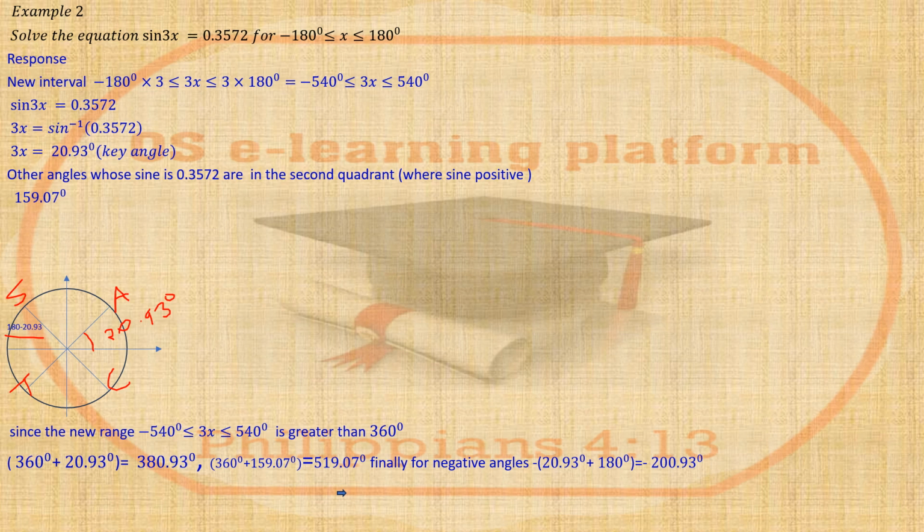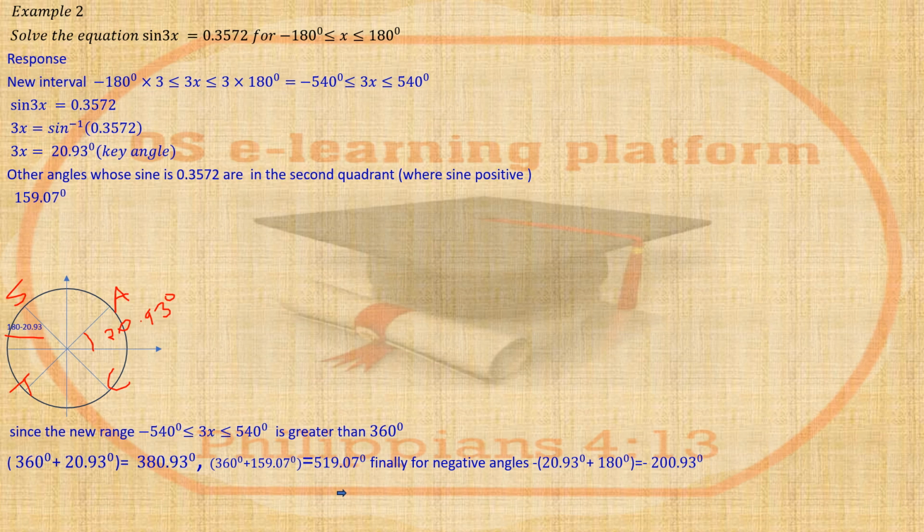So I'm getting now 360 plus the key angle, that is 380.93 degrees, and also 360 degrees plus the other angle that is related to the key angle, which is 519.07 degrees. I've got those angles. Then the last way of getting the remaining angles is looking at the negative angles.